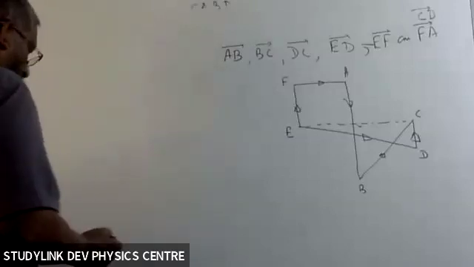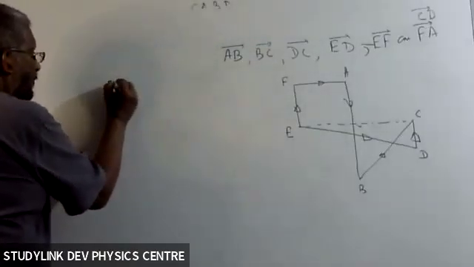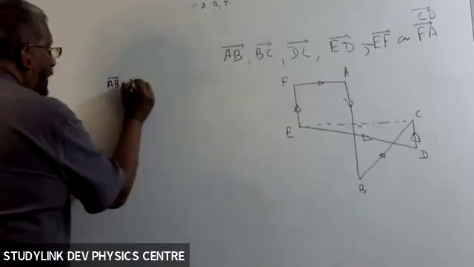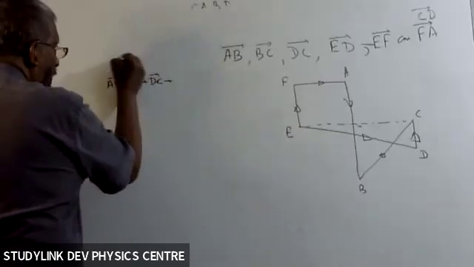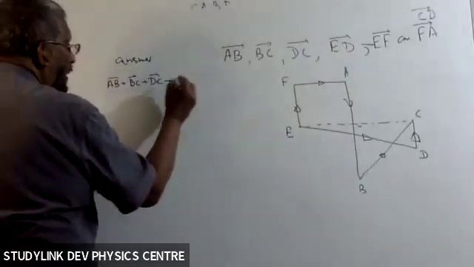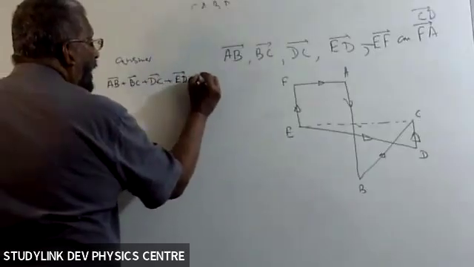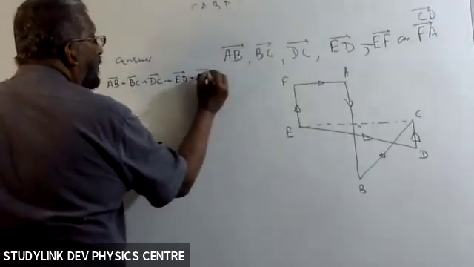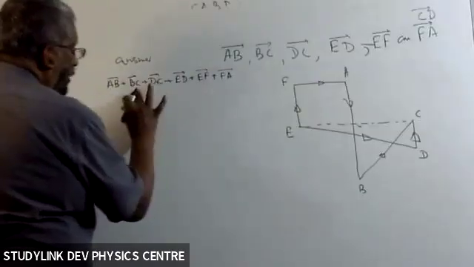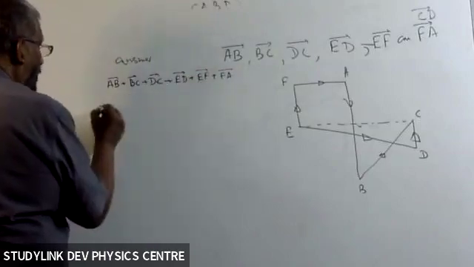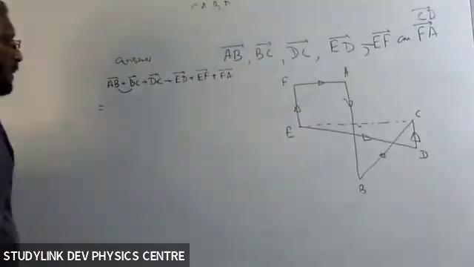I'll write the vectors here again: AB plus BC plus DC plus ED plus EF plus FA. 1, 2, 3, 4, 5, 6, always count. Otherwise, you don't get it. If you miss one, there will be a problem.